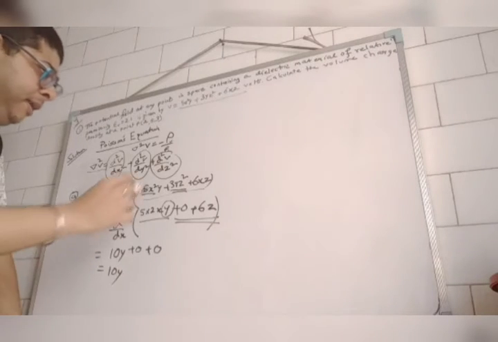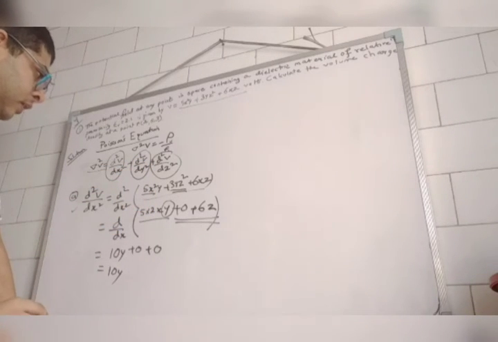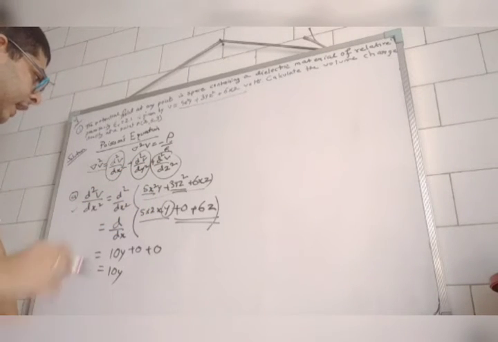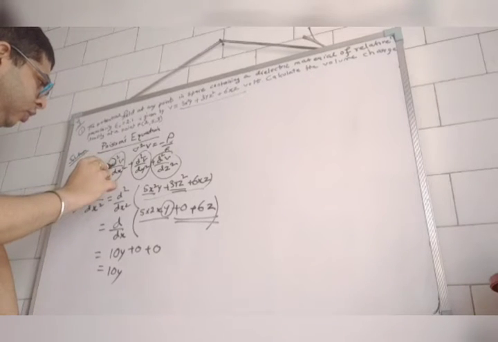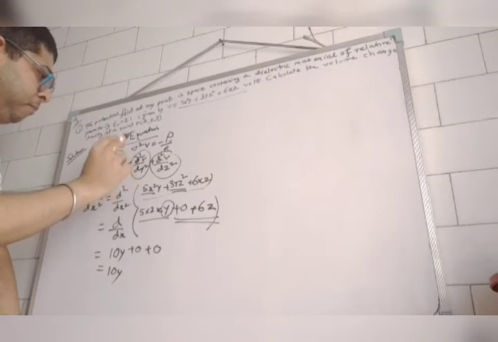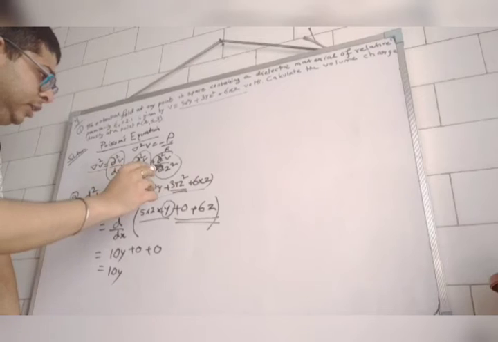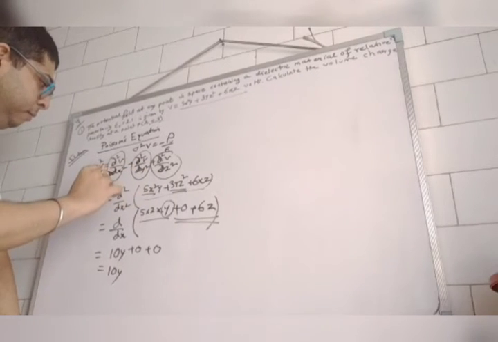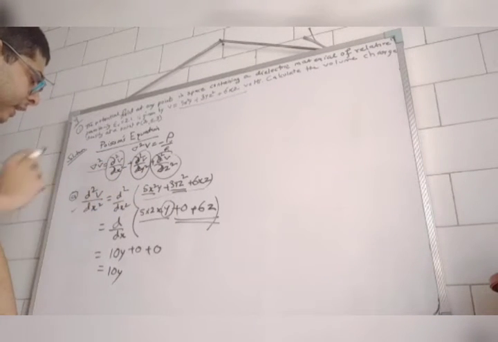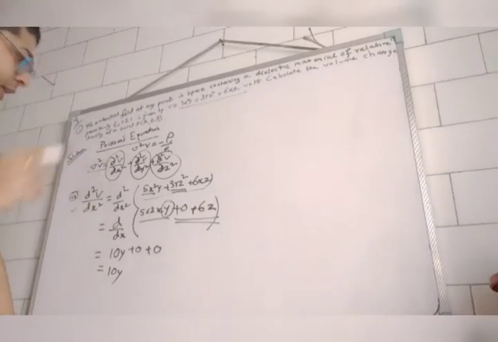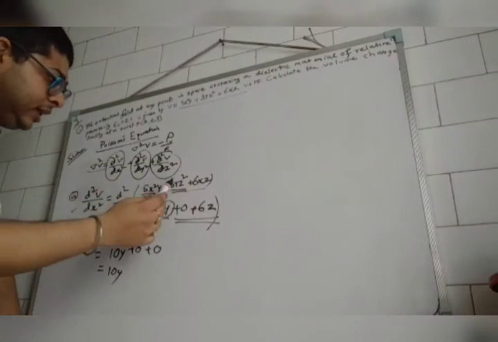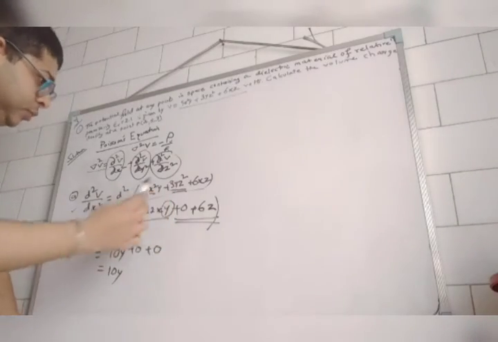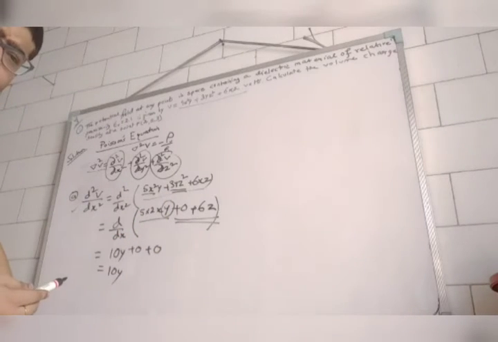Remember one thing, I have made a mistake here. I should have written this as a partial derivative. This should not be d. Why? Because when we are differentiating with respect to x, we are considering the other two parameters, y and z, to be constant.